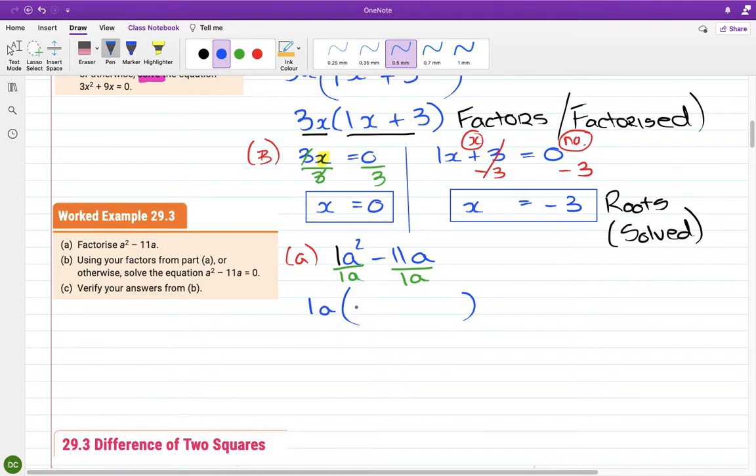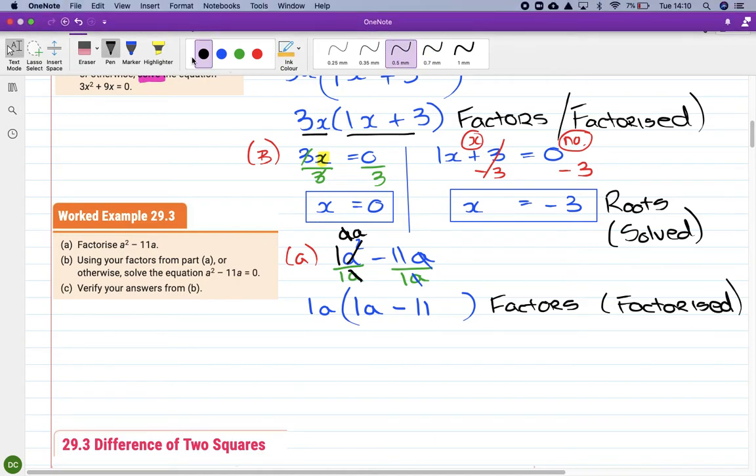You can write it or not, it really doesn't matter. a squared, remember, is 2 a's. So one of these will cancel with this. So what I have here is 1a. Minus 11 divided by 1 is 11, and the a's cancel. So now they are your factors, and you have factorized.